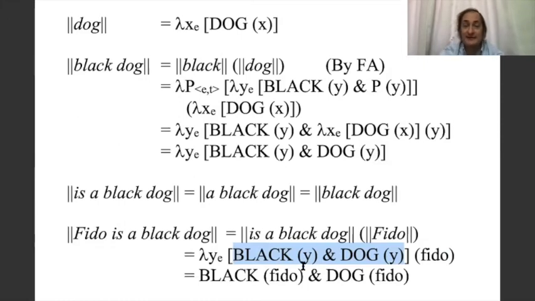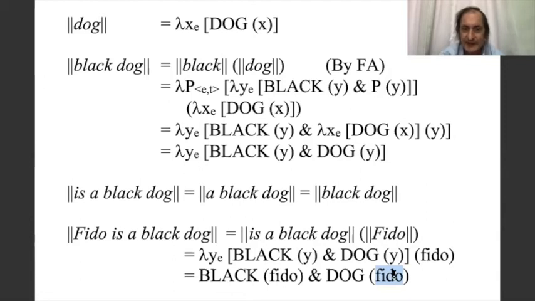What's new is that this time we have two occurrences of y. There's one here, and there's one here. Not earth-shattering stuff. This is follow the instructions, make the substitution. In this case, you substitute two times. You get black Fido and dog Fido.